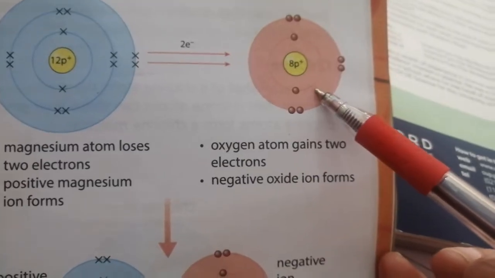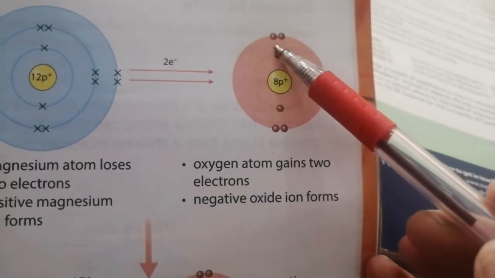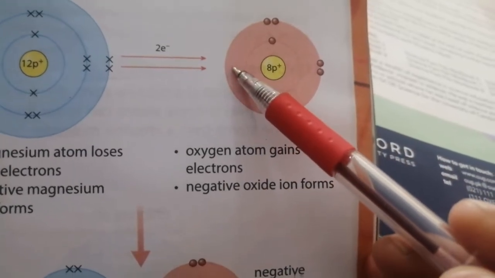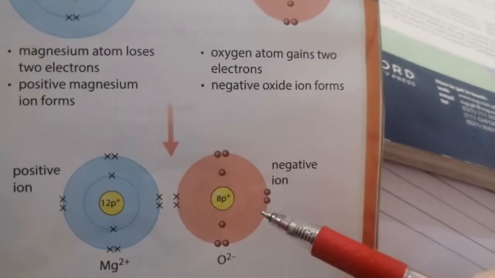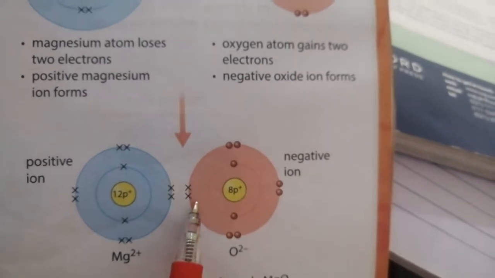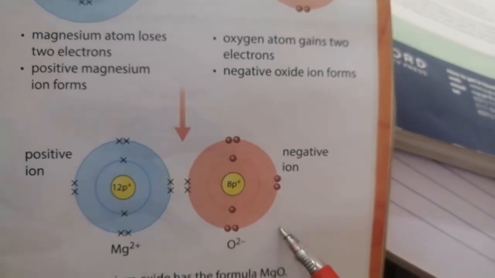Along with this, the oxygen atom has 2 shells around it, but the last valence shell is incomplete due to being 2 electrons deficient. That's why it gains 2 electrons from the magnesium atom and becomes oxide.